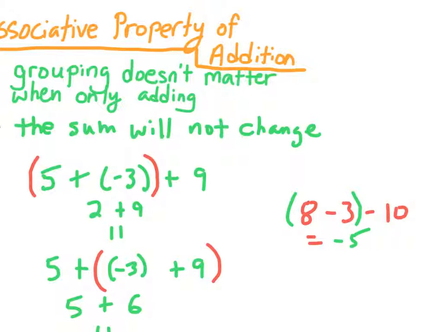Now, let me change the grouping. Now this time I do what? I go 3 minus 10, so it's 8 minus -7, I get 15. So there is no associative property of subtraction. All right, let's go to the next page.